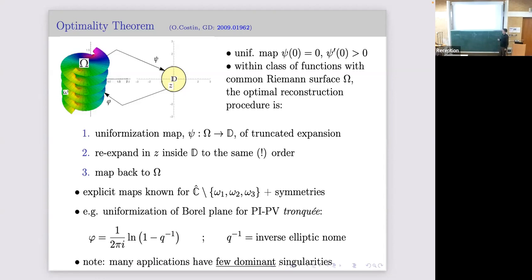You might think that's a limitation because a general problem may have many more than 3 singularities. But very often in applications, there are, say, 1, 2, or 3 dominant ones. And so implementing this just on those dominant ones leads to such a dramatic improvement that it's already interesting.